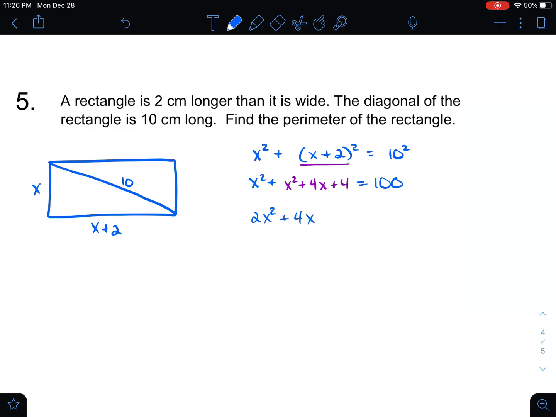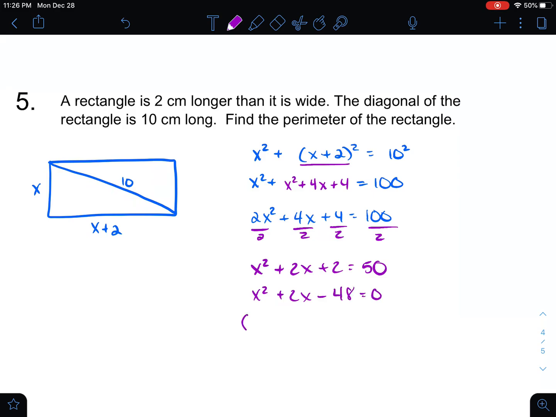We're going to combine like terms and get 2x squared plus 4x plus 4 equals 100. I notice each of these numbers has an even factor, so I can just divide the whole thing by 2. When I divide the whole thing by 2, I mean I divide literally everything by 2. So I get x squared plus 2x plus 2 equals 50.